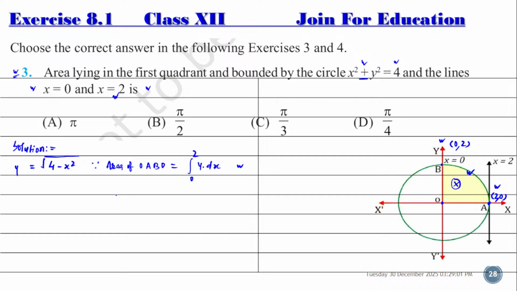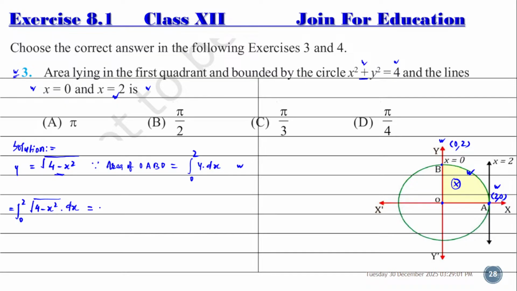Now putting the value of y, we get here 0 to 2, and we write down here the value of y, which is square root of 4 minus x square, into dx.